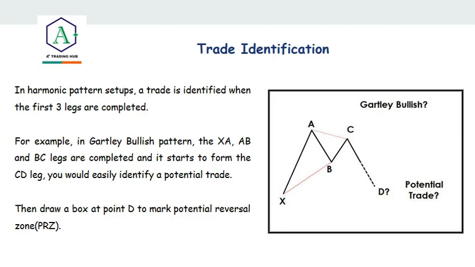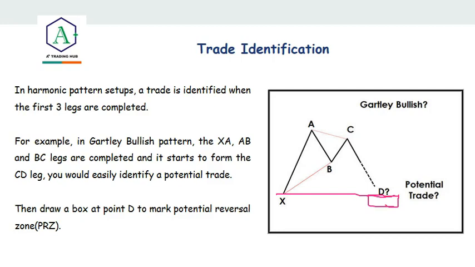When you identify a harmonic pattern, it's also good to mark what I call the potential reversal zone, PRZ, potential reversal point at your B point. For example, this is your X point here, X price zone. So you have to plot your PRZ zone below your X point like this.